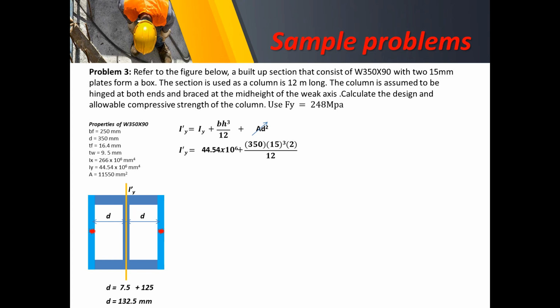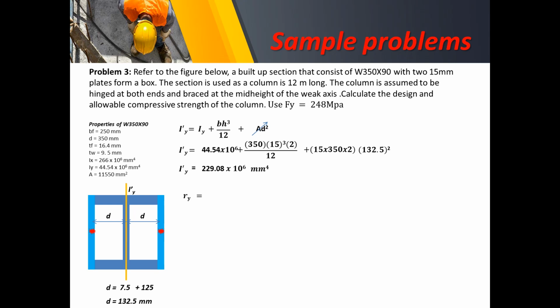We simply add that, and we come up with a transfer distance of 132.5 millimeters. So we simply add the area, 15 by 350, there are two of them, multiplied by the transfer distance squared. Calculating that I prime y, we have 229.08 times 10 raised to 6 millimeter raised to 4.